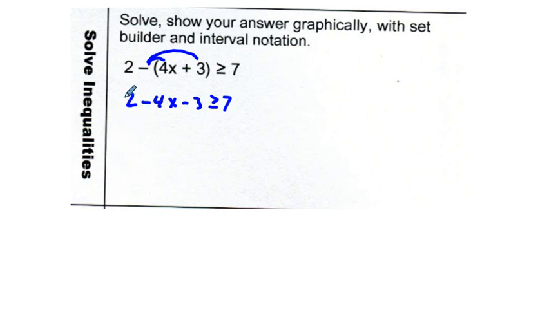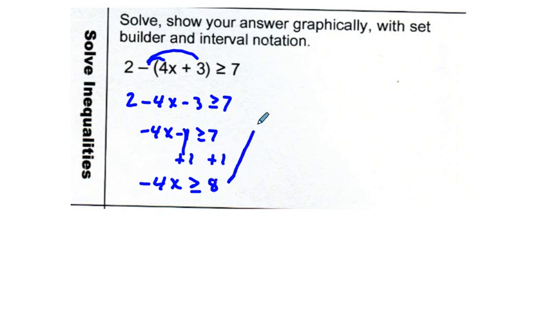And next we can combine like terms, and to do that, on the left side we just have 2 minus 3, so we have negative 4x, and 2 minus 3 is minus 1, and that's going to be greater than or equal to 7. Next we're going to add 1 to both sides. So we have negative 4x is greater than or equal to 7 plus 1, which is 8.